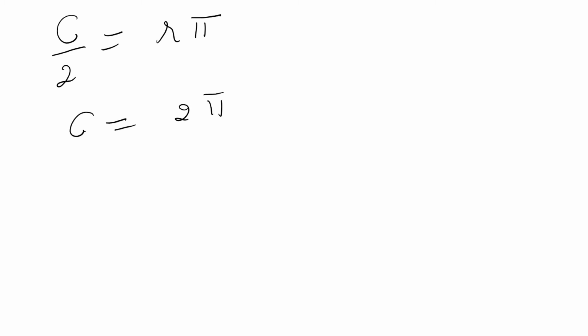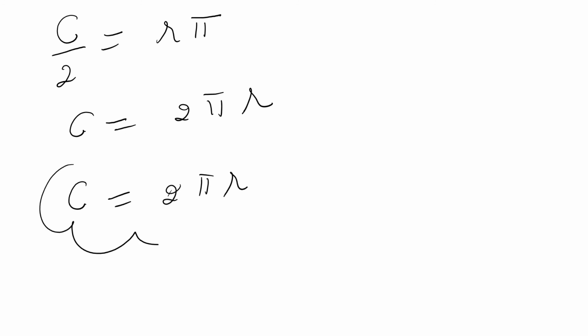So C over 2 is equal to r times pi. C is equal to 2 pi r, which is the circumference of a circle that we all know. So, as required.